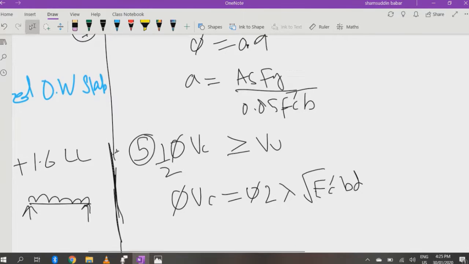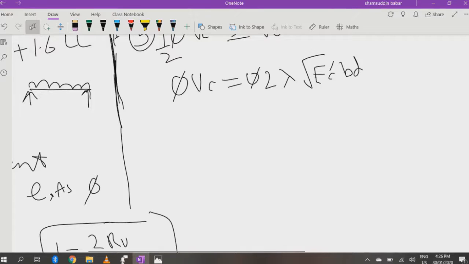This is our fifth step, and after calculating the fifth step we calculate the sixth.